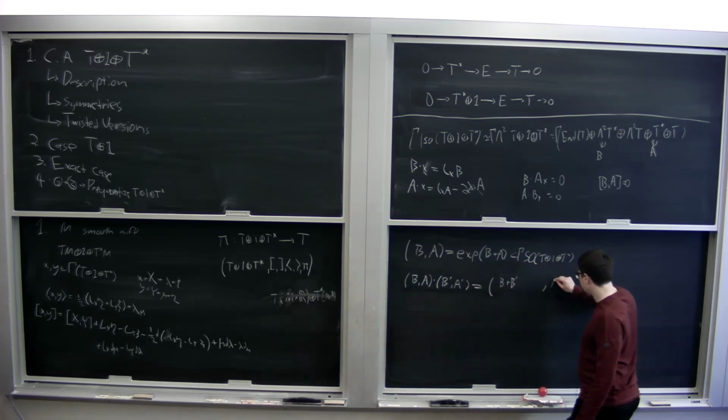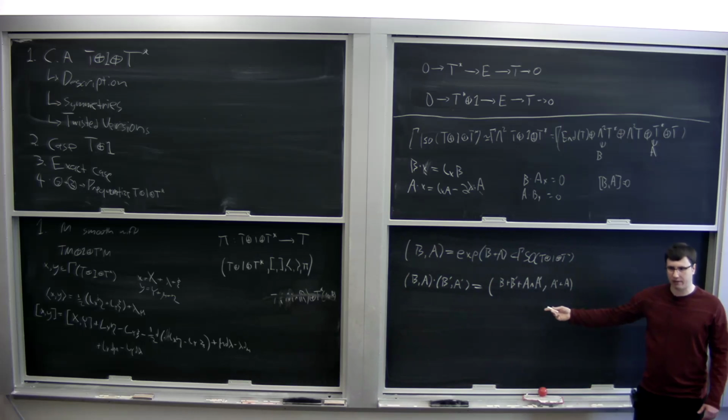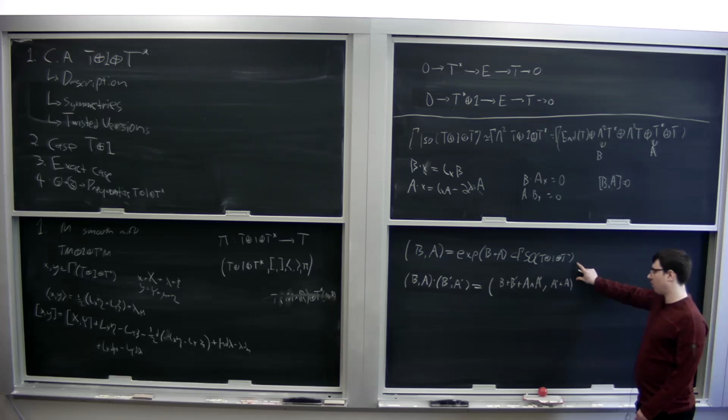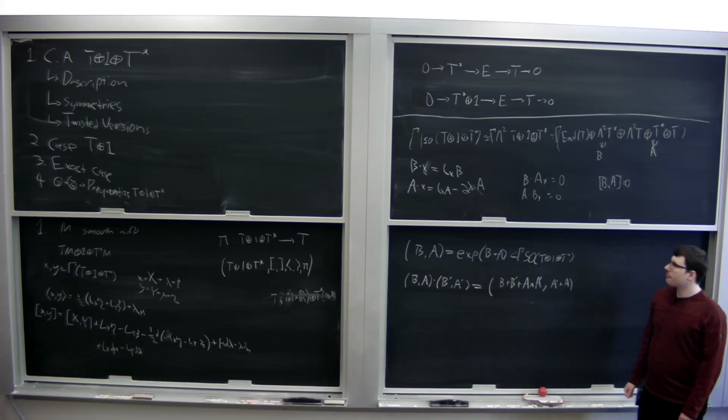You add the A's together, but you also have this wedge product of the A's interfering with the B component. So this is a non-abelian group, with this composition law, if we look at these elements.